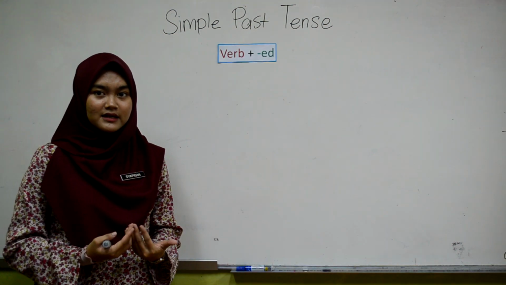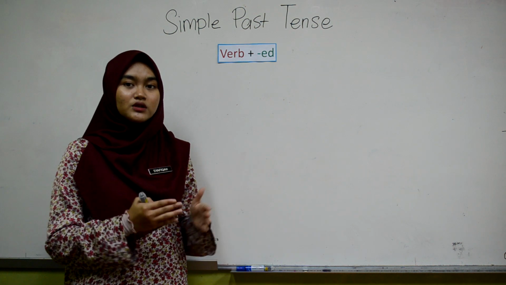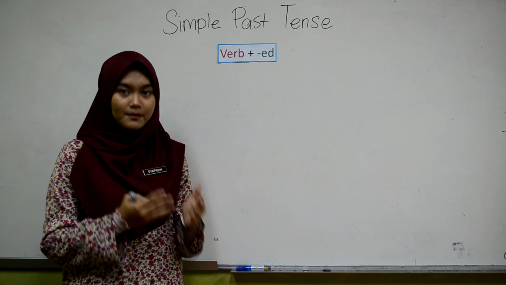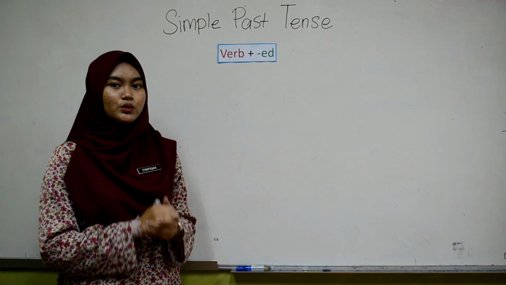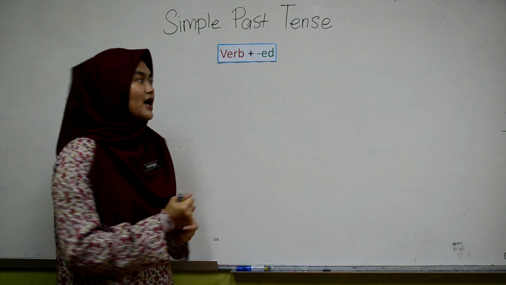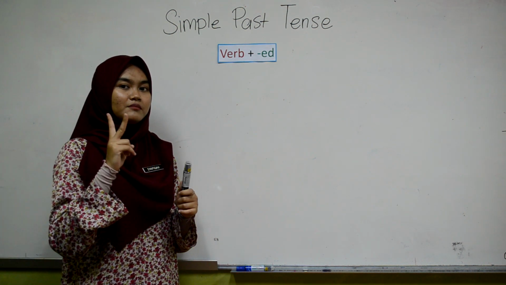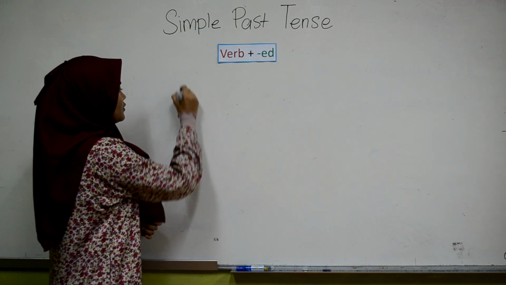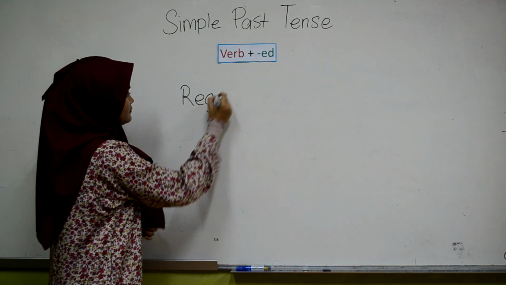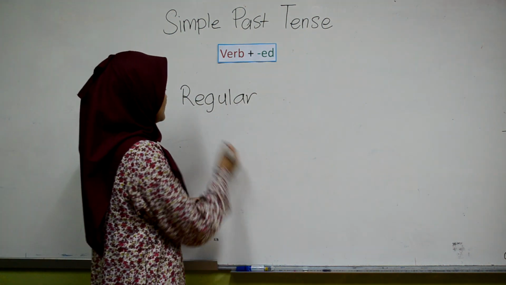Okay, simple past tense usually affects the verb. So if you are talking about something that already happened in the past, you change the form of the verb into past tense form. And remember that verbs have two types, which are regular and also irregular.